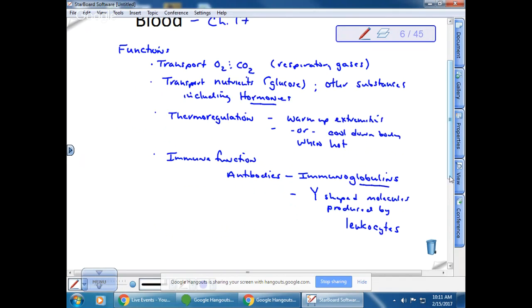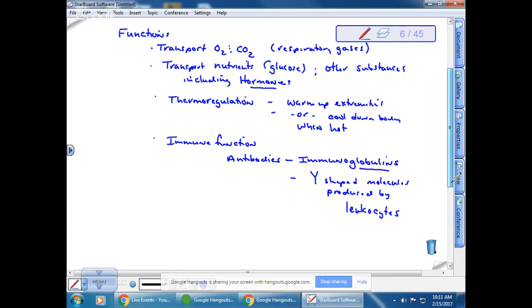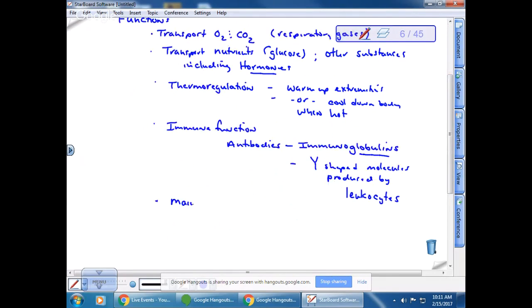Okay, the other function of the blood is the maintenance of pH, helps to regulate pH balance. And the reason for this is that when we look at carbon dioxide that is in the blood plasma, it combines with water. So this is carbon dioxide.